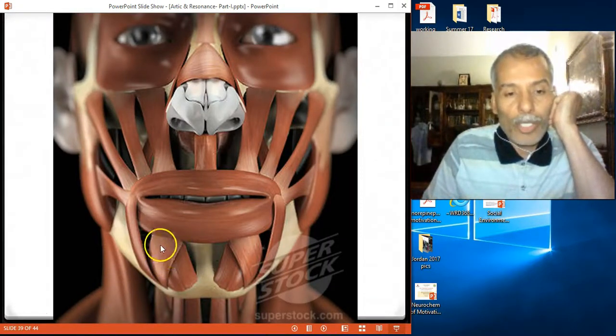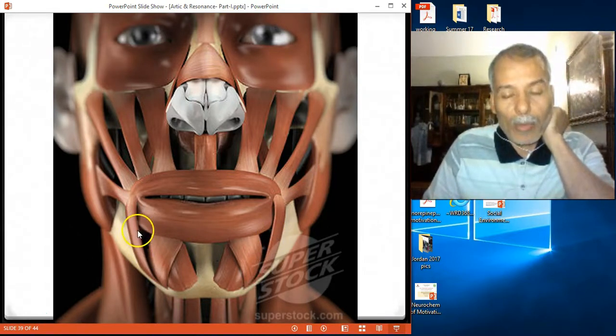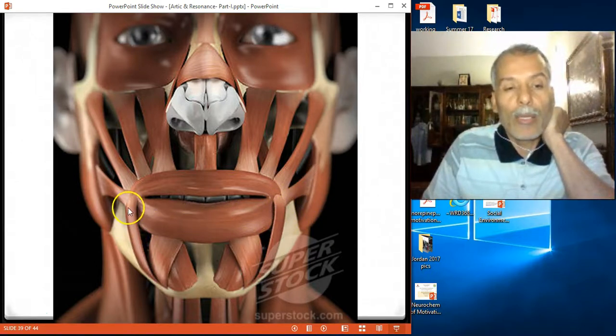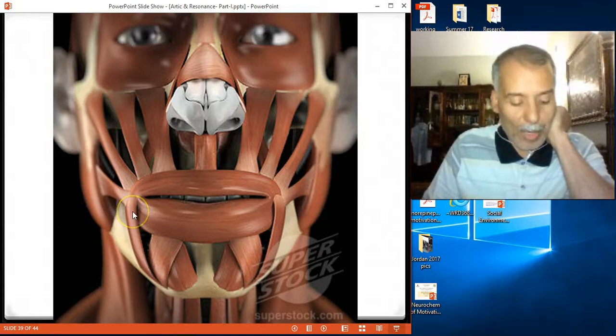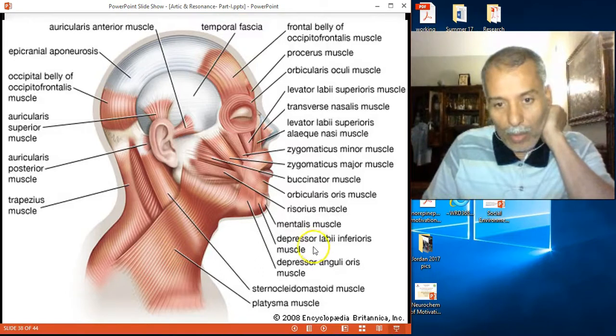I wanted to mention the labial muscles that bring the lips down. This is the corner one. It is called the depressor anguli oris. One second, I don't want to get it wrong.